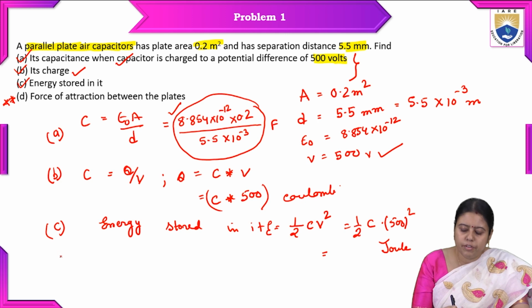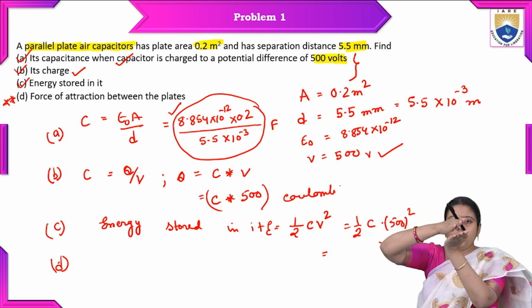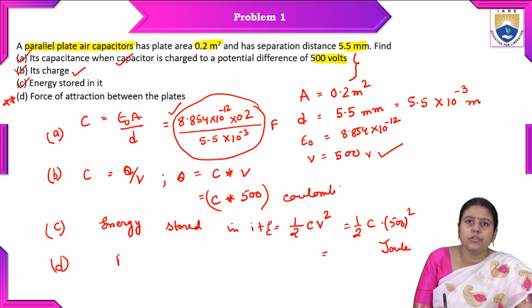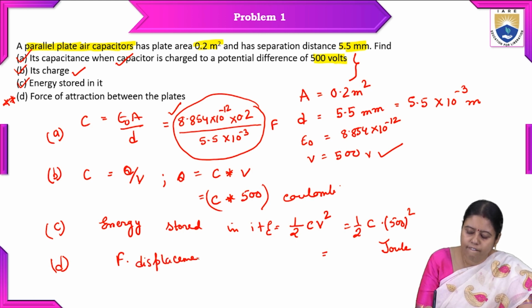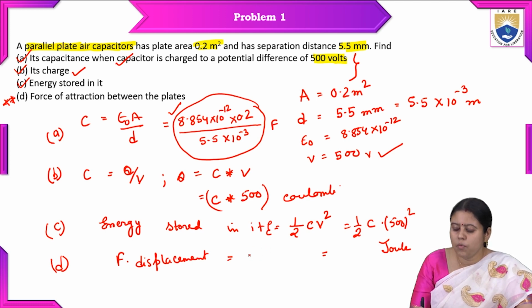What is the meaning of the force of attraction? If there are two parallel plates, they will always feel some force. So we can write force into displacement is equal to the work done.